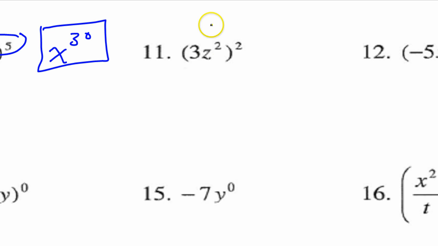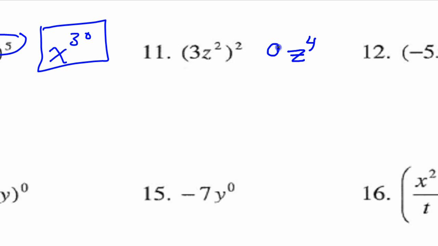Okay, now you have to be careful on this one because what about the 3 though? Like, yes, it's going to be z to the 4th power. Okay, but you also got this 3. So am I going to multiply and get 6, or am I going to do 3 squared and get 9?